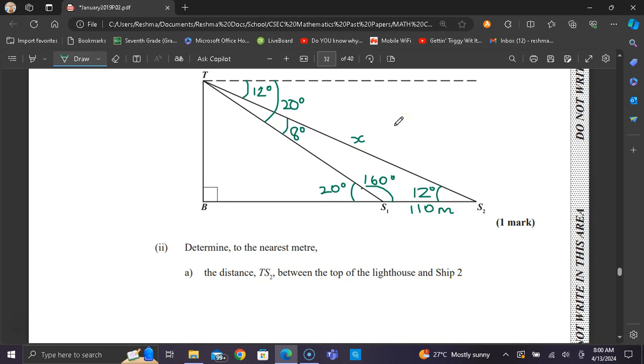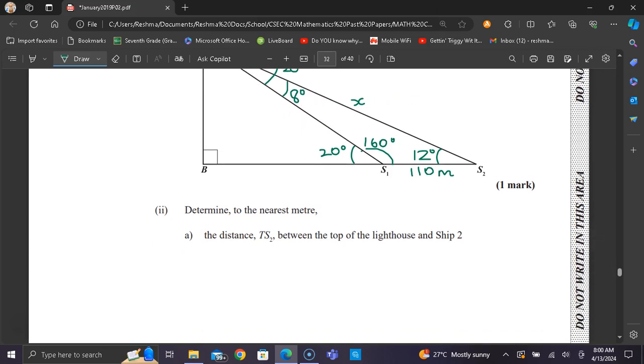So let's use the sine rule. 110 meters divided by sine of 8 degrees is equal to x divided by sine of 160 degrees.